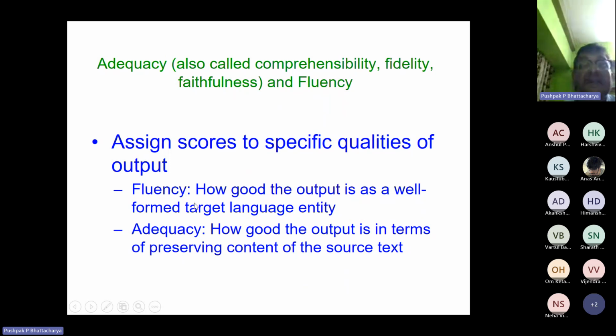Now, let us make some reference to LLMs. Large language models have been extremely successful in terms of fluency. If you interact with ChatGPT, you will never notice any kind of syntactic problem. The sentences are all fine and well constructed. So much so that people have started using ChatGPT for text correction.